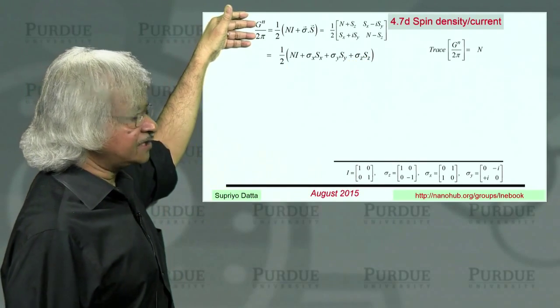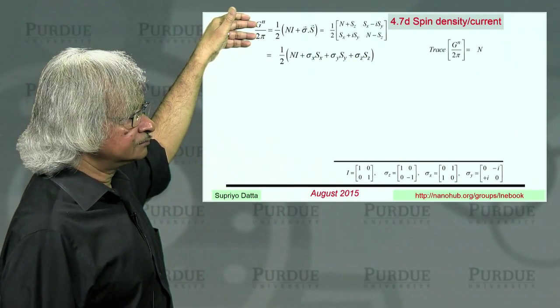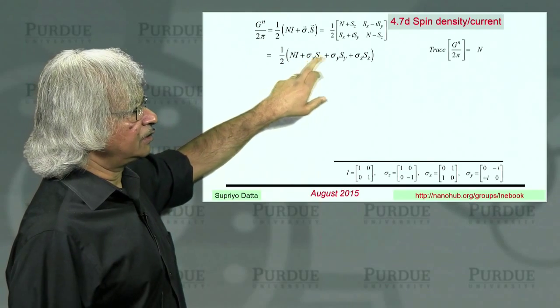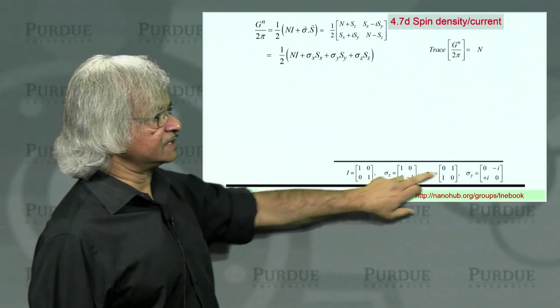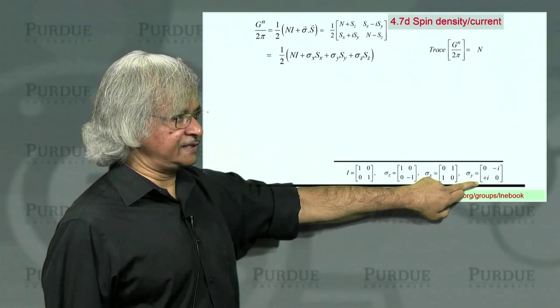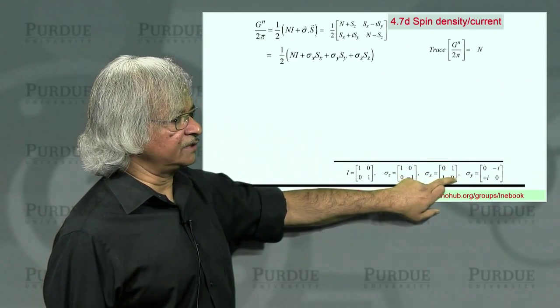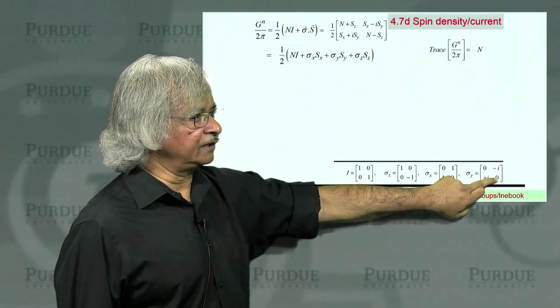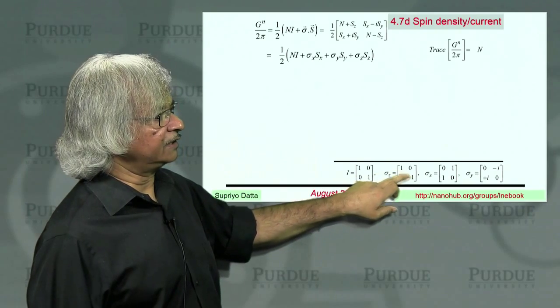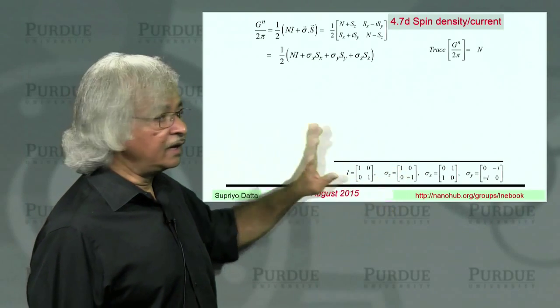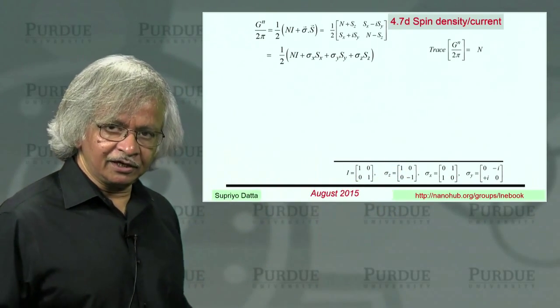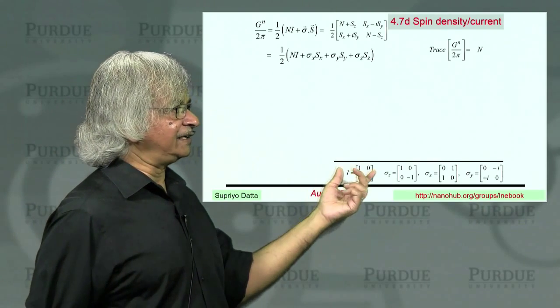Now, when I take a trace of this matrix, you'll notice that all the three Pauli matrices have zero trace. You see, if you add up the diagonal elements, it's 0. Add up the diagonal, that's 0. Add up the diagonal here, that's also 0. And the only one which doesn't have a 0 trace is the identity matrix.